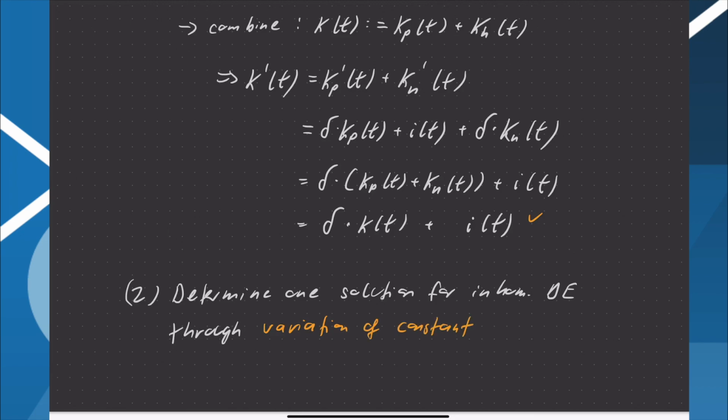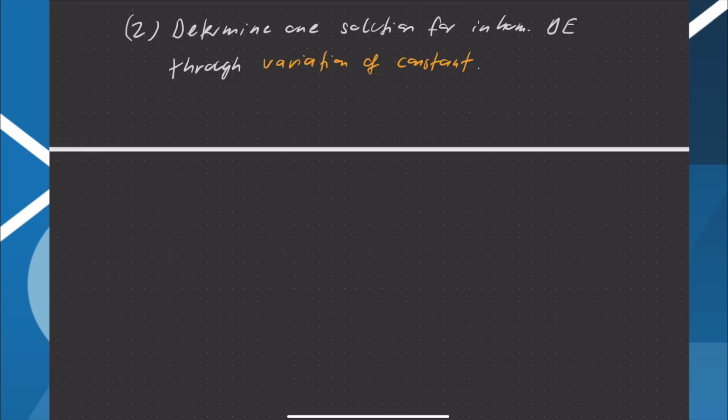Okay, now that name might seem a little paradoxical at first, but that's actually precisely what it does. What we do is, we already know that for the homogeneous system, we have a solution that looks like this: k of t equals some constant times e to the delta t.